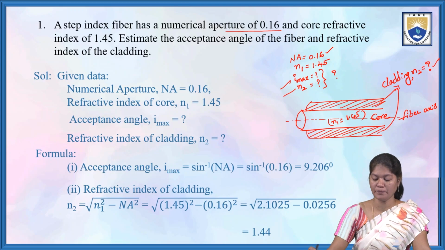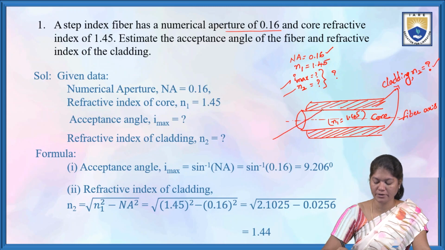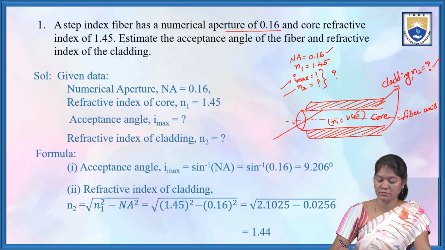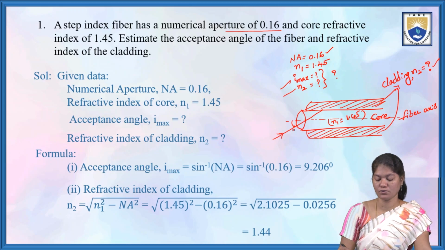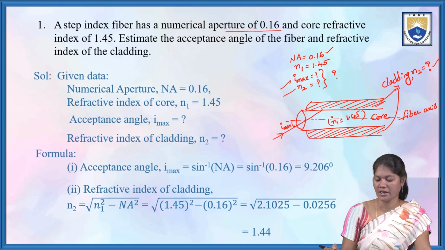Acceptance angle is the maximum angle with the fiber axis that enters into the core. So this is the core, this is the incident light. The light is entering from the air medium into the core with some angle, the maximum angle with the fiber axis.